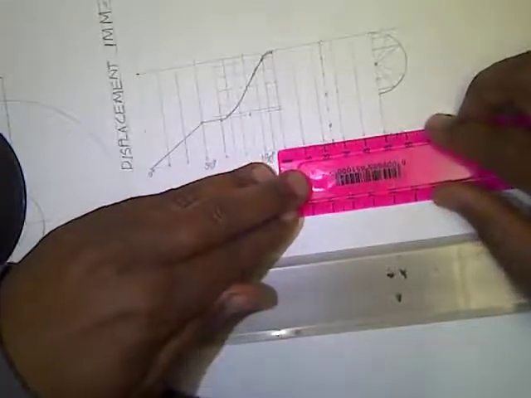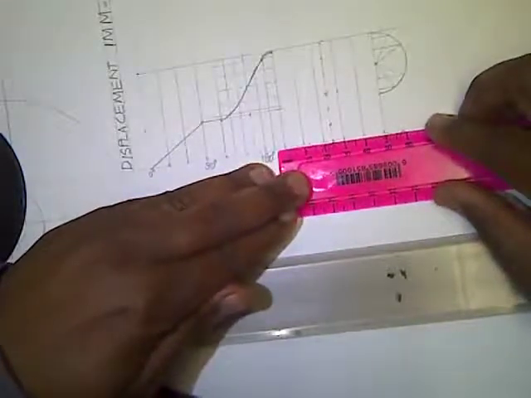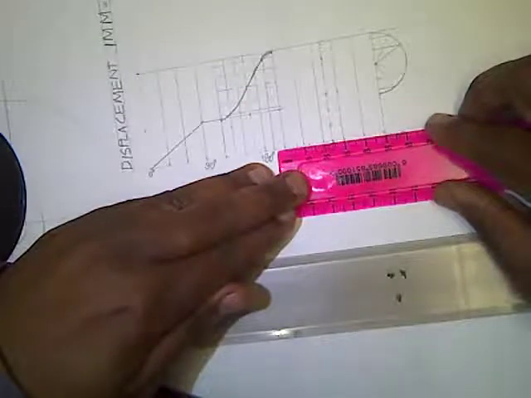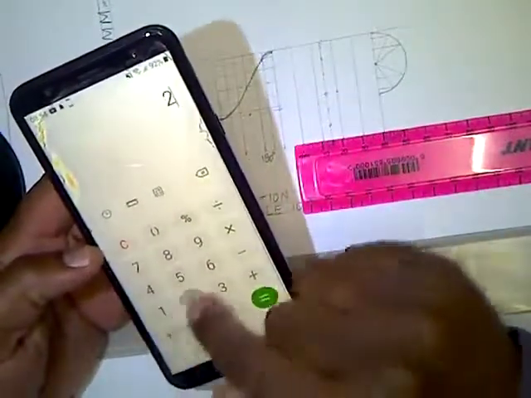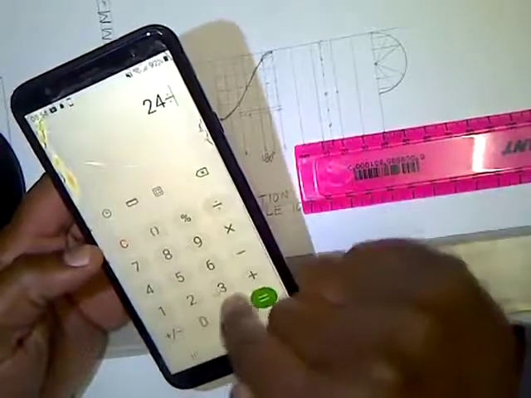No, I was wrong, it's not 19, I did not count well, it's about 24 millimeters. Okay, 24 divided by 3 gives me 8.